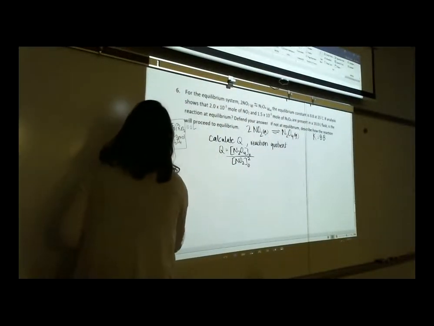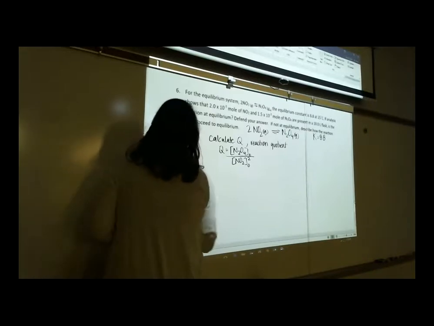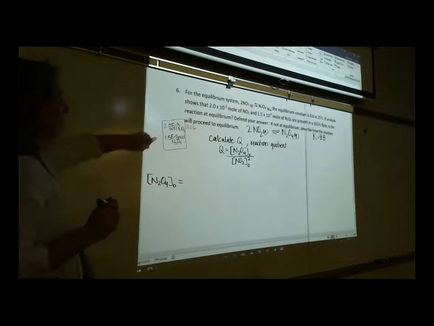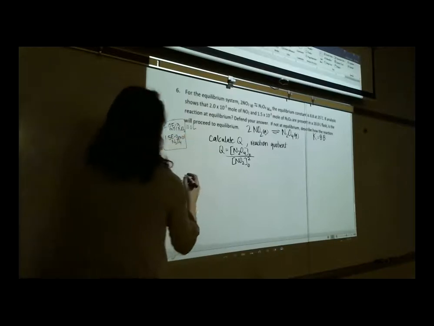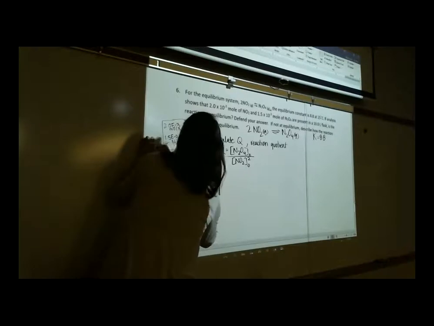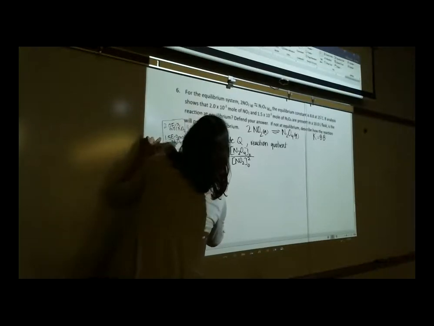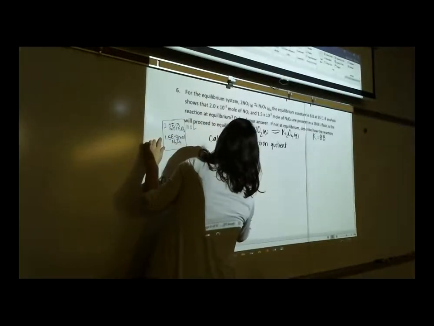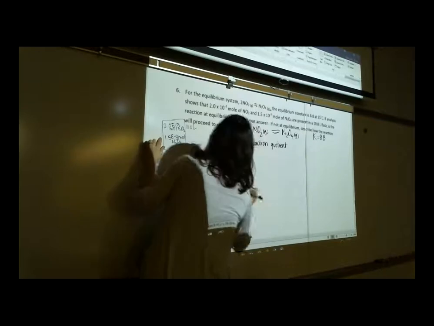Well, what's the initial concentration of N2O4? How do I get that? Moles divided by volume. So the problem tells me it's 1.5 times 10 to the negative third moles in a 10-liter flask. So that's 1.5 times 10 to the negative fourth molar.